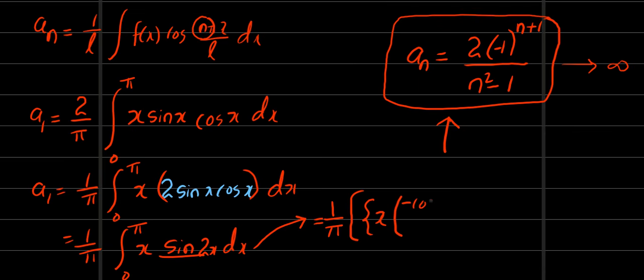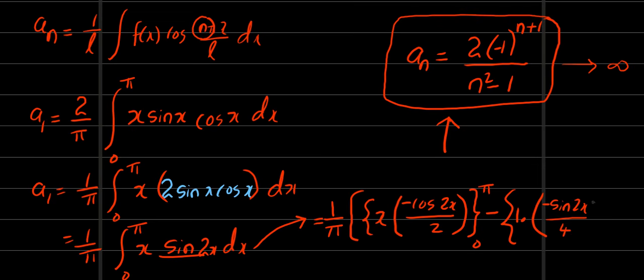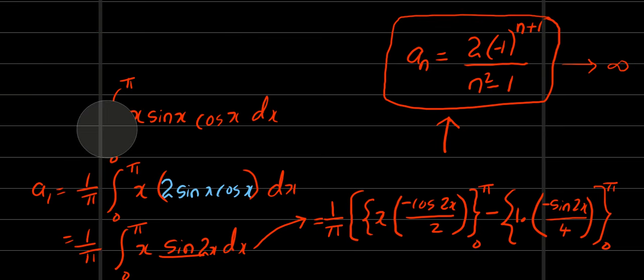Yeah, minus cos 2x the whole divided by 2 within the limits 0 to pi, minus the derivative of x is 1 and the integral is minus sine 2x by 2 square within the limits 0 to pi. So I'll erase all these things.